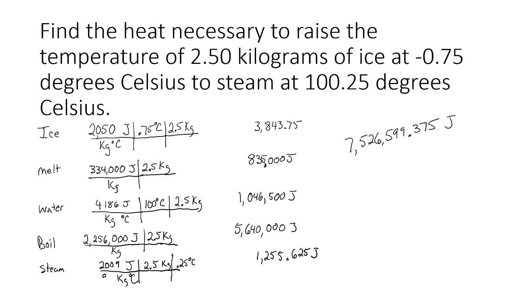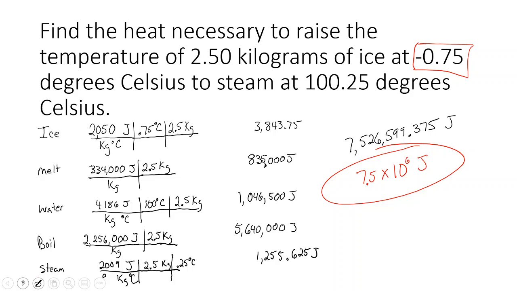All right, then if we were looking for the answer that we're going to leave on the test or homework, we have two significant digits found right there. So we're going to say 7.5 times 10 to the 6th joules.